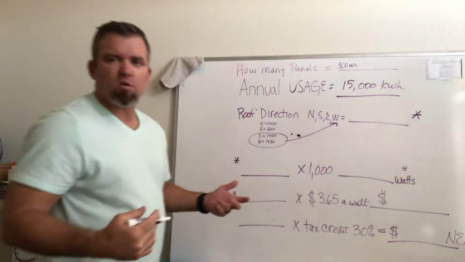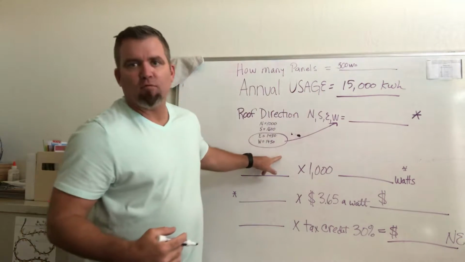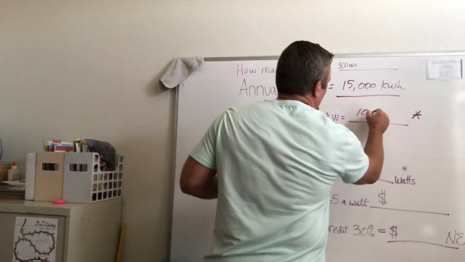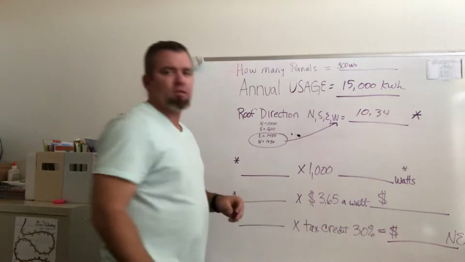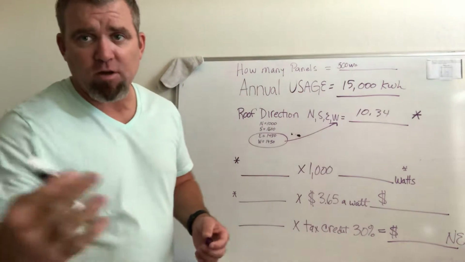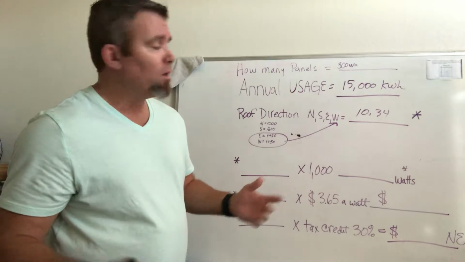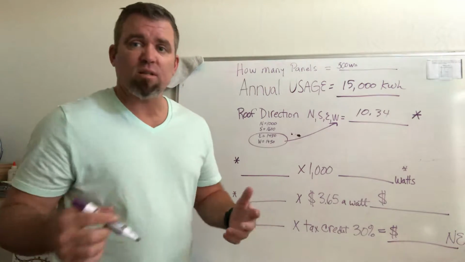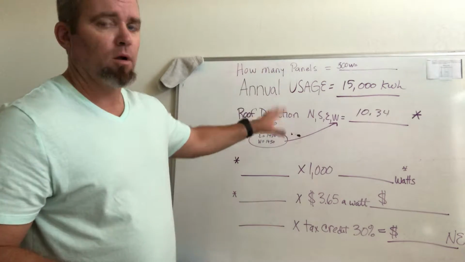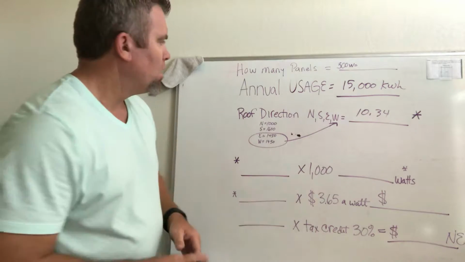We'll go east-west 1,450. So when I take 15,000 divided by 1,450, it gives me 10.34. What that means is the size of the system in your house is going to be 10.34 kilowatts. Pretty large system for this area. Typically everyone lands between 7 and 9, but we're just going to assume, because we started with the large number, this house is probably 3,000, 4,000 square feet.